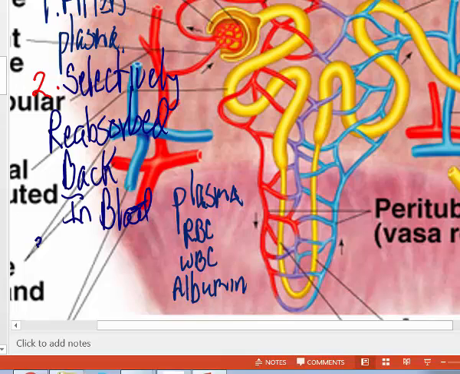And then the other function is that some things in the blood that have to be gotten rid of cannot be adequately filtered by the nephron. So these have to be actively secreted.